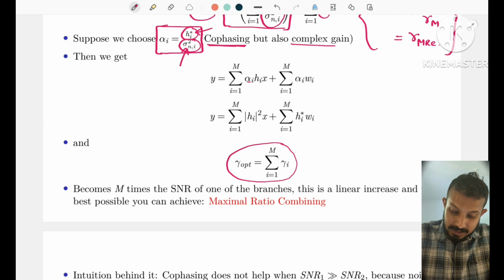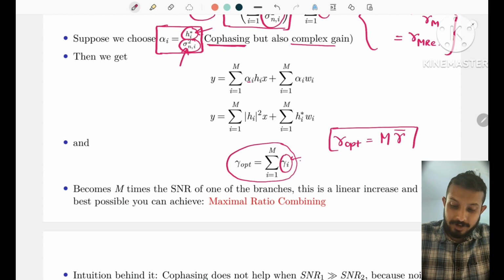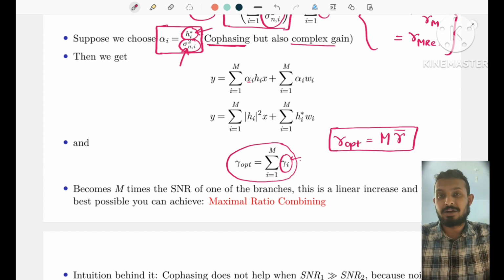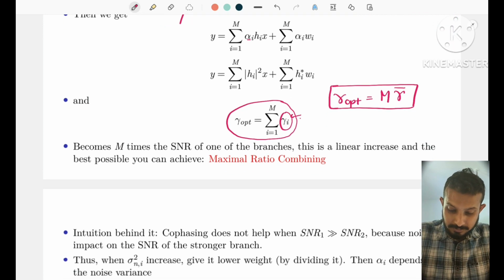And in this case, when the gammas of all the branches are exactly the same or approximately the same, then gamma opt will be equal to M times the SNR of one of the branches, and we will have a linear increase in the SNR. And this is the best form of combining that we know to date, that is the maximum ratio combining.